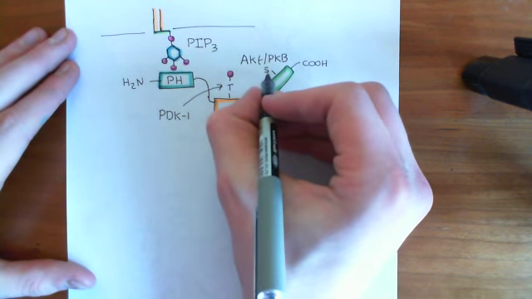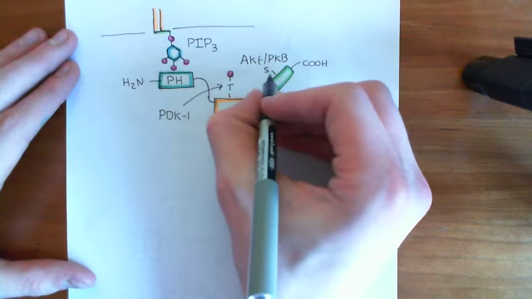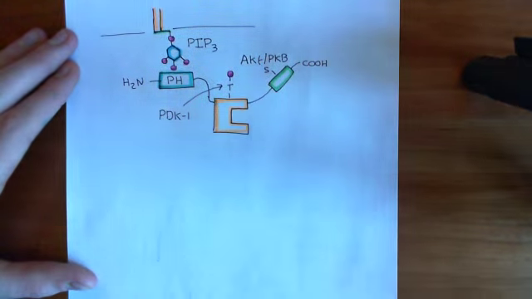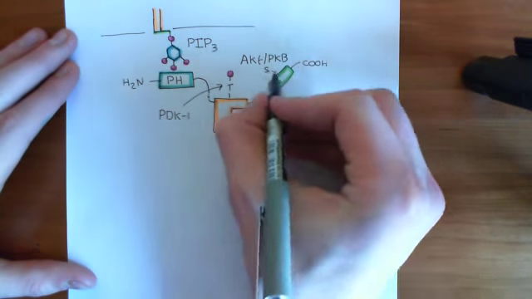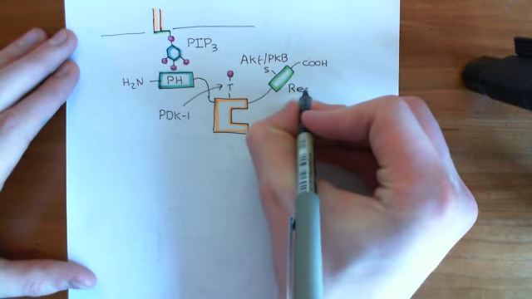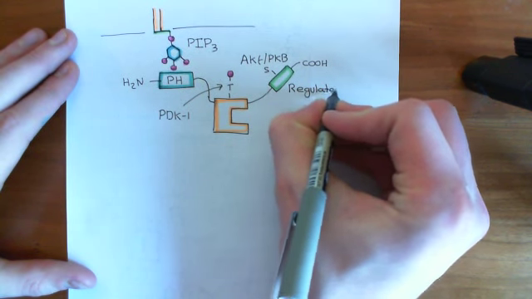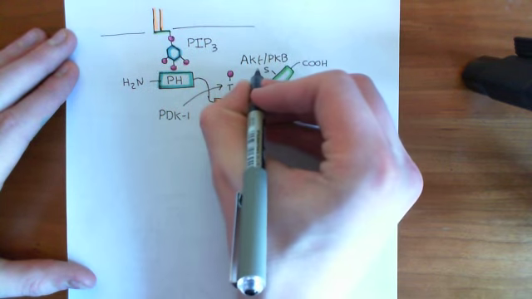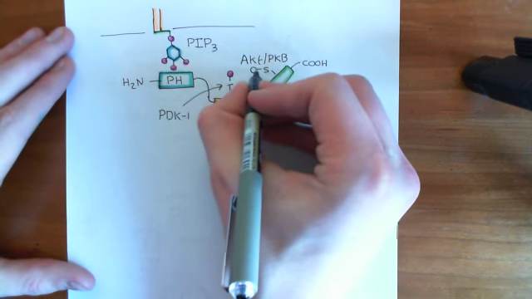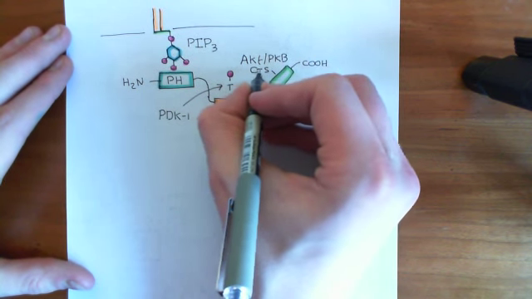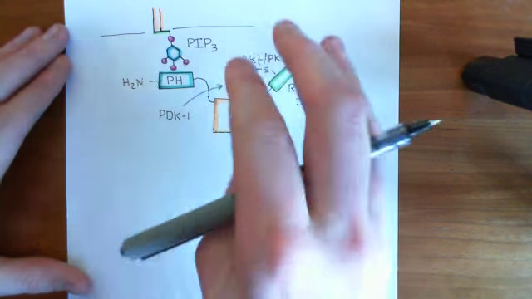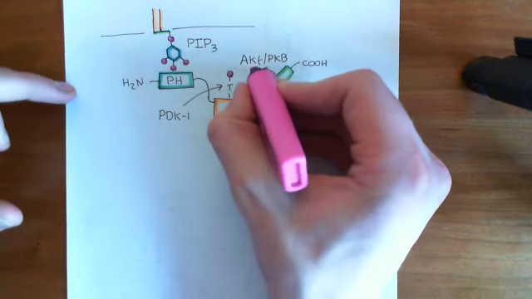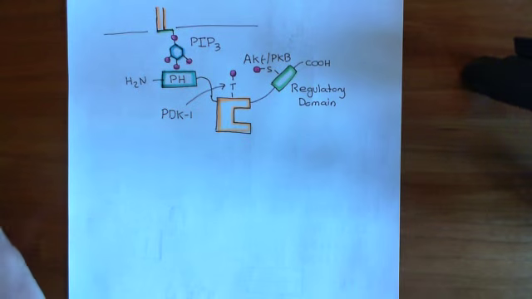This is not carried out by the phosphoinositide-dependent kinase 1 enzyme, and it's still extremely controversial exactly how the serine within the regulatory domain of protein kinase B enzymes gets phosphorylated. What we do know is that it does get phosphorylated, but we don't fully understand how it gets phosphorylated and how that relates to the whole pathway. But it does get phosphorylated by something other than phosphoinositide-dependent kinase 1.